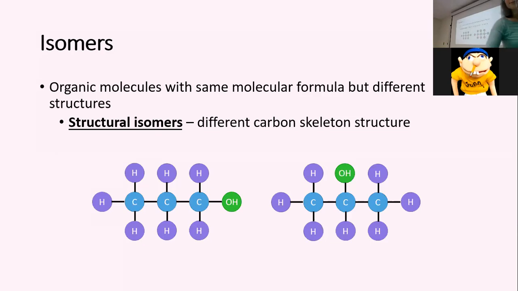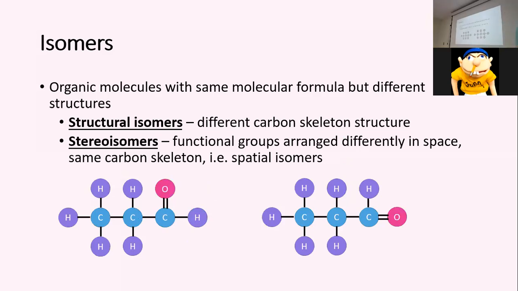Now, we can also have something called a stereoisomer. In a stereoisomer, the carbon skeleton is the same. We've got carbon 1, 2, 3, carbon 1, 2, and 3. So carbon 1s both have 3 hydrogens, carbon 2s both have 2 hydrogens, and carbon 3 is double bonded to O and a hydrogen.